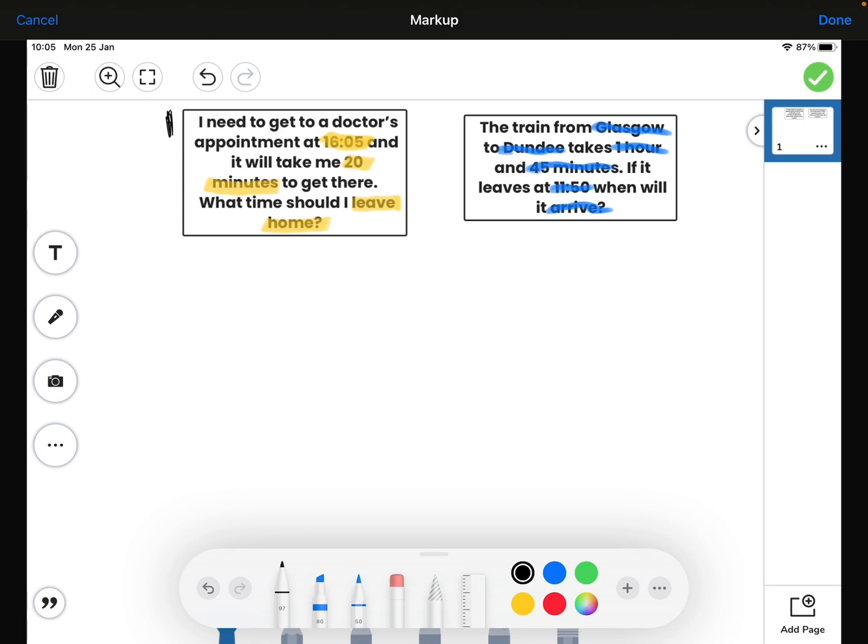I want to start a number line. This one is a lot easier, I think. I think the first one is a little bit difficult because you were working backwards. But this one is a lot easier because you've got a starting time. For some reason, I always find it easier to figure out when you've got a starting time. So we've got Glasgow over at this side, and Dundee.